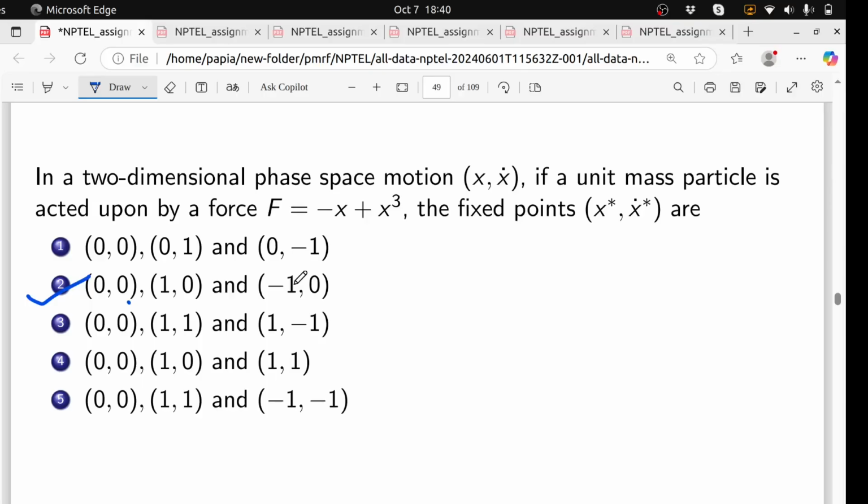Now coming to x double dot, it is nothing but f by m, and in the question m is 1, so f is minus x plus x cube, which will give me 0. If I just solve that equation, I will get x equals 0, 1 and minus 1. So as a whole, my fixed points (x star, x dot star) are (0, 0), (1, 0), (minus 1, 0). Okay.